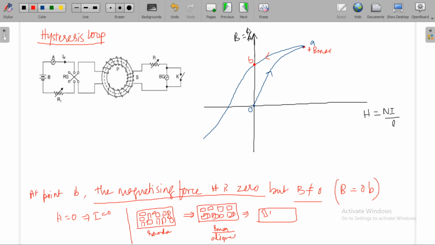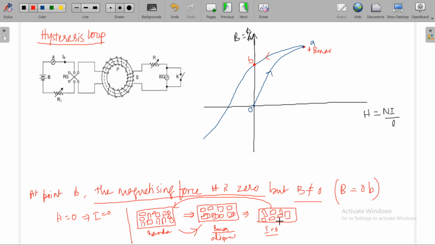They should come back to their original positions, meaning again they should get distributed randomly like this.